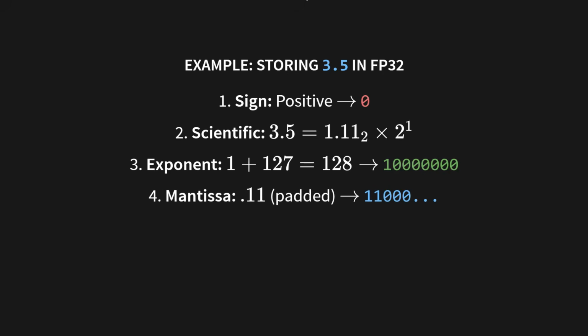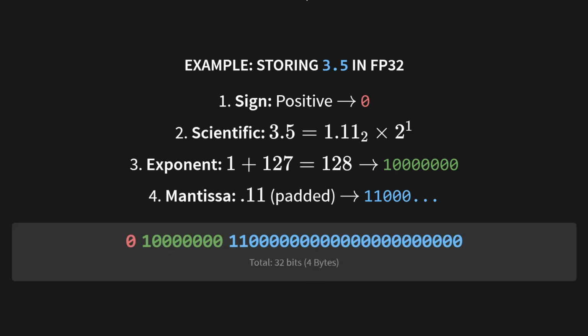That's our 8-bit exponent. Finally, the part after the decimal in our scientific notation, the .11, becomes our mantissa. We just pad it with a bunch of zeros to fill up the 23 bits. And there you have it. You put all 3 parts together, the sign, the exponent, and the mantissa, and you get the 32-bit representation for the number 3.5. It's a lot of work for one number, isn't it?